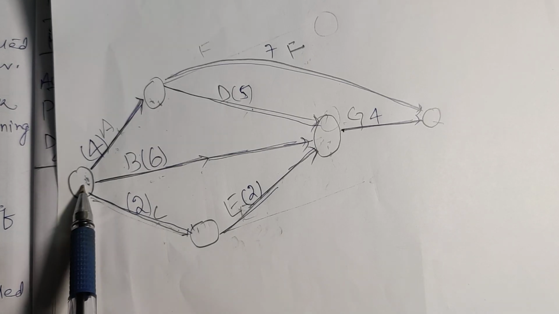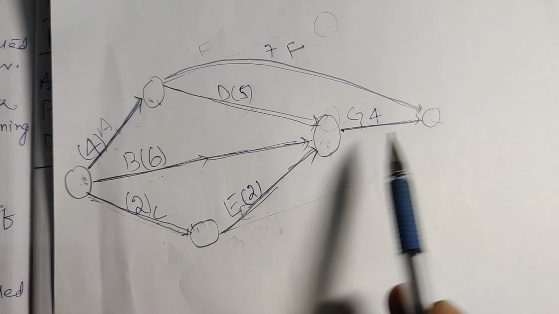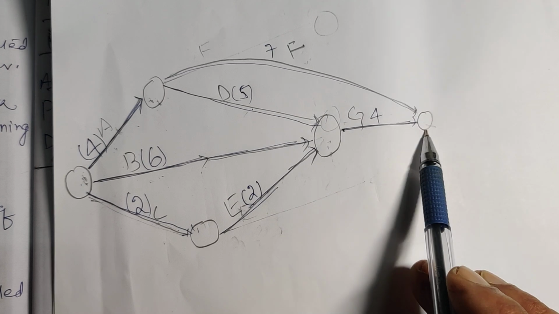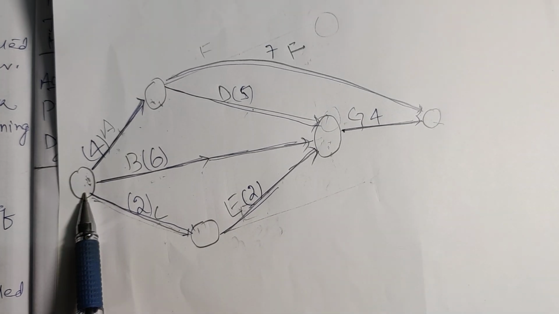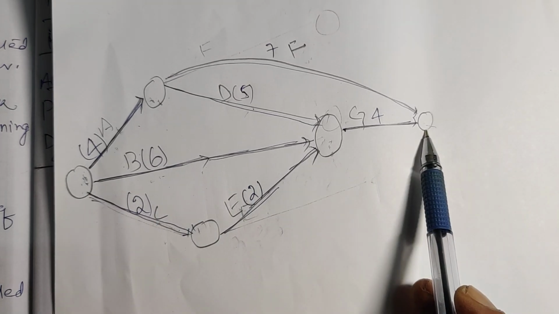Numbering is always from the left hand side, and we are moving to the right hand side. Always start from the leftmost circle and move to the rightmost circle.